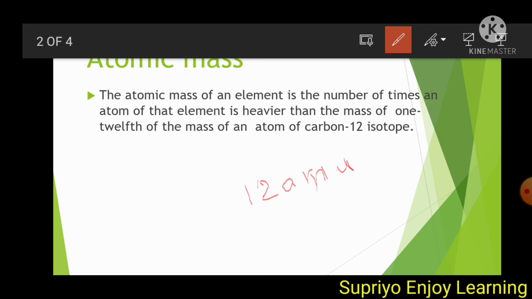Now the masses of other atoms are measured with this C12 carbon atom. 1/12 of the mass of a carbon atom is taken as the unit, and the mass of other atoms or molecules of a substance or elements is measured as how many times heavier than that of the C12 isotope.